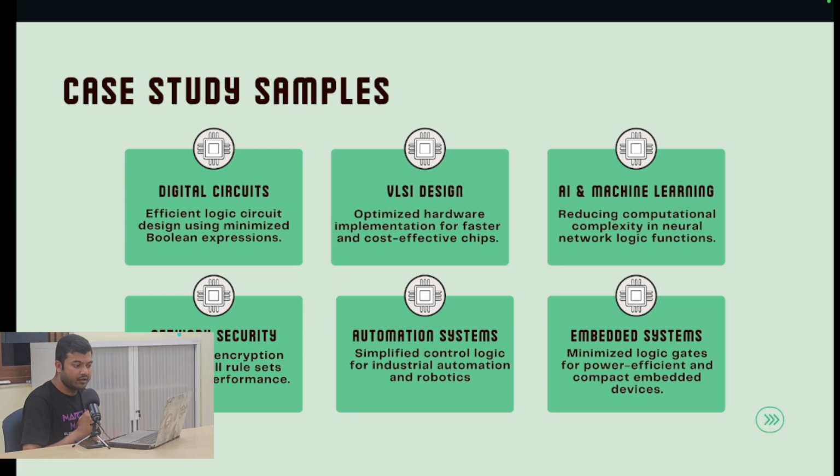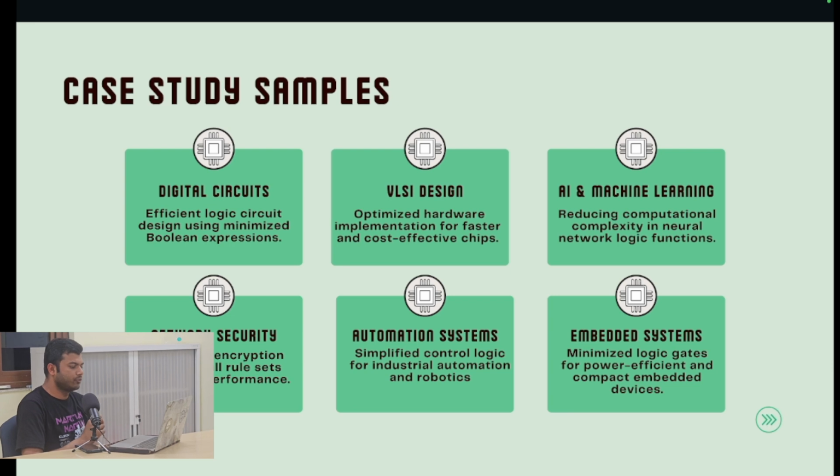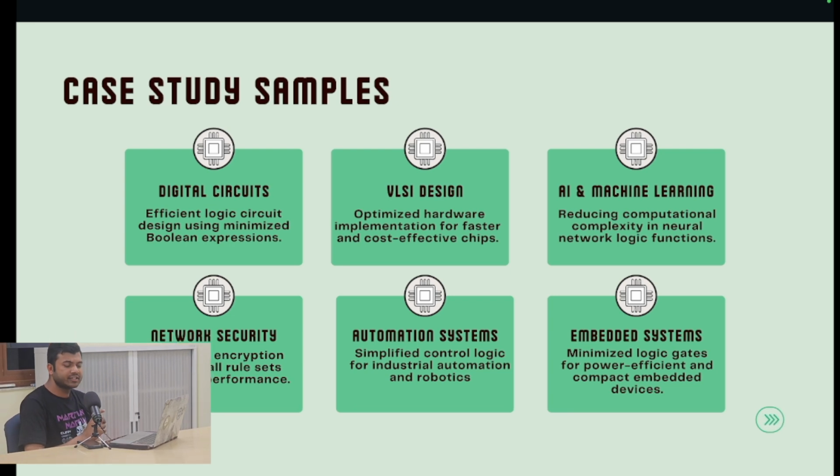In AI machine learning, we reduce the computational complexity in neural network logic functions. Network security optimizes encryption and firewall rule sets for better performance. Automation system simplifies control logic for industrial automation and robotics. Lastly, embedded system minimizes logic gates for power efficient and compact embedded devices.